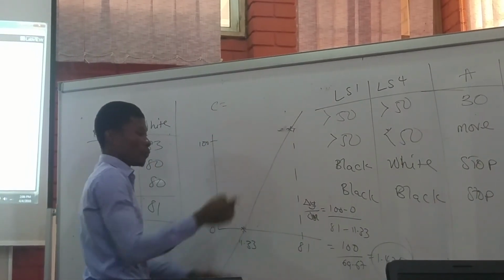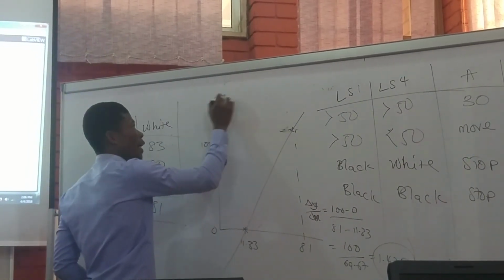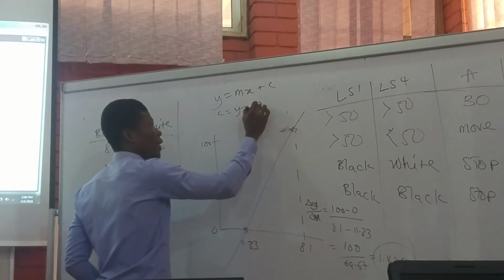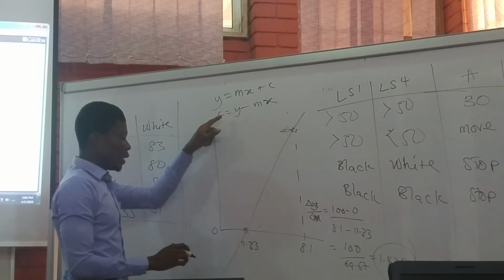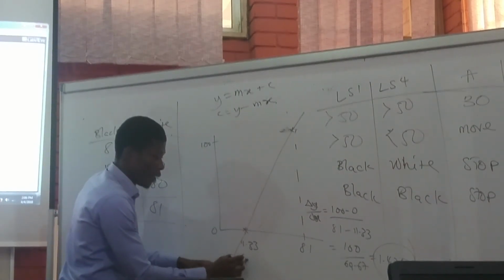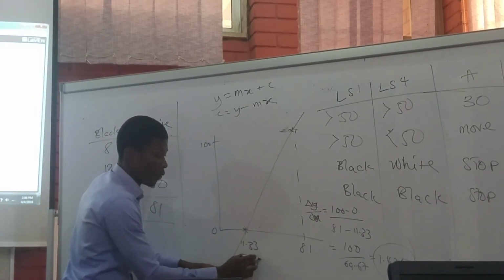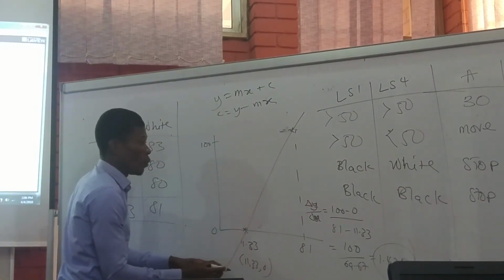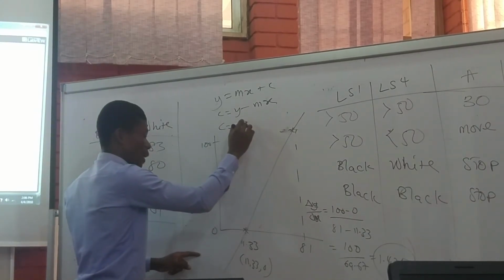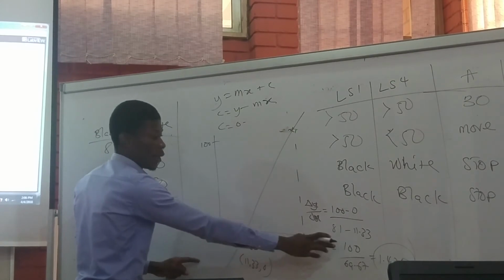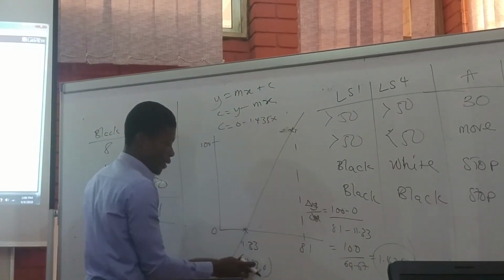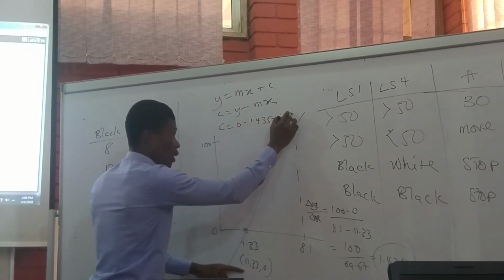Our C becomes what? We know the equation is y equals mx plus c. So c is equal to y minus mx, right? If we pick one of the points, let's pick this point, 11.33, 0. So c equals 0 minus M, which we calculated as 1.435, times X, the X at this point, 11.33.